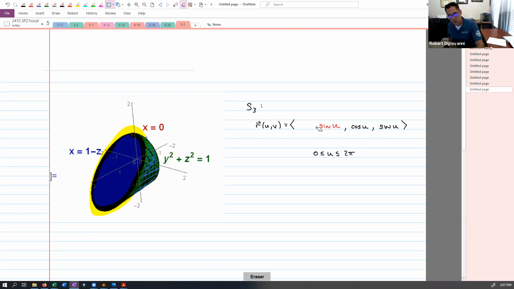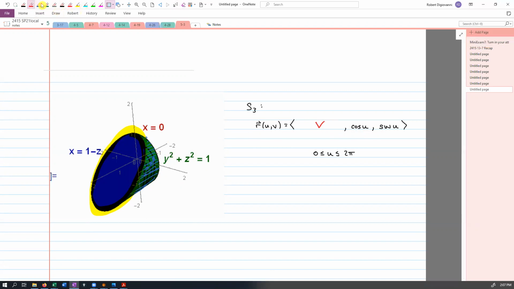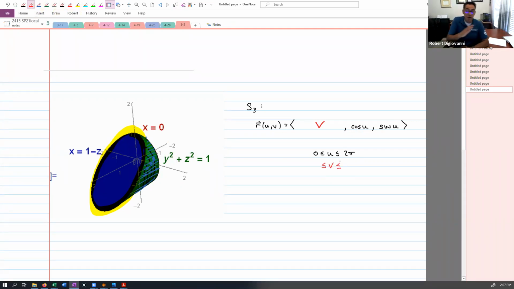You need this to have a little more freedom. So why don't we call this V, and then use the bounds on V to allow us to slide back and forth. That's where you go from 0, the back plane, up to the front plane, 1 minus Z, which Daniel said is sine U. Does that make a little more sense now?